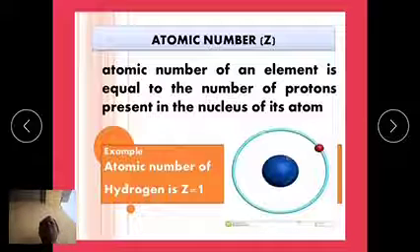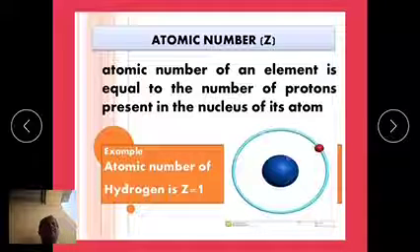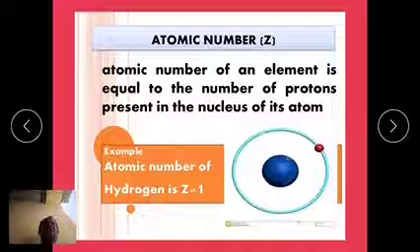Simply, the number of protons present in the nucleus of an atom is called the atomic number.